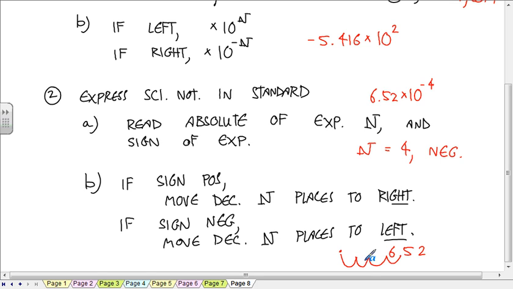That's the new decimal point. All of these empty places need to be filled by zeros. And so our new number is 0.000652. That's the same number, but expressed in standard notation. Any questions about that?